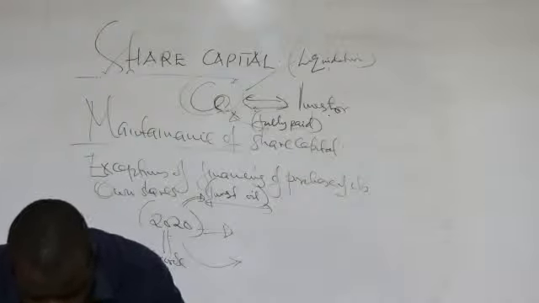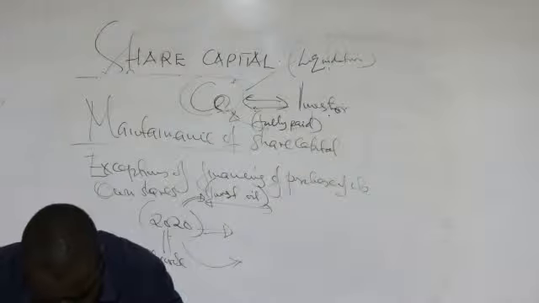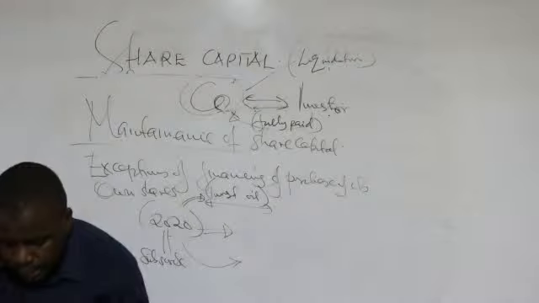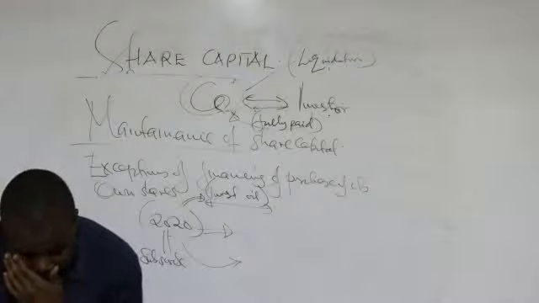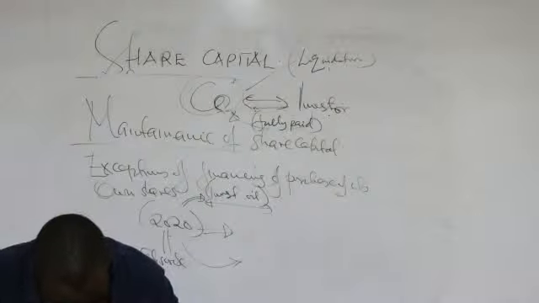However, a company could purchase its shares in certain circumstances. Roman 1, evaluate 3 circumstances in which a company could purchase its own shares. Then Roman 2, identify 3 instances when a company might give financial assistance to facilitate the purchase of its own shares. So that's what we've just covered.